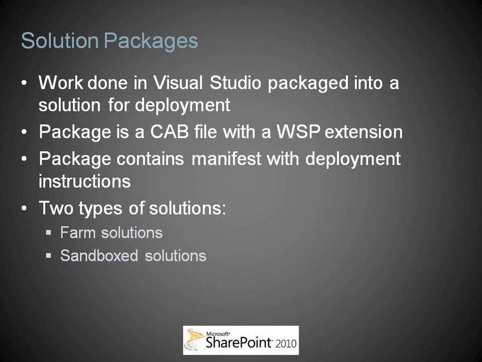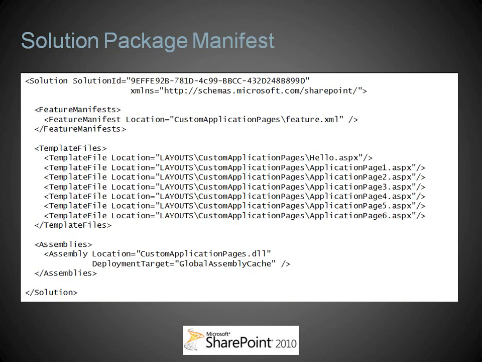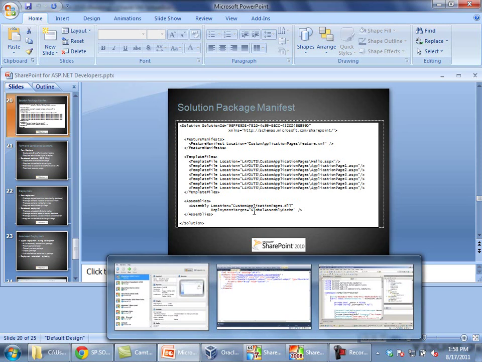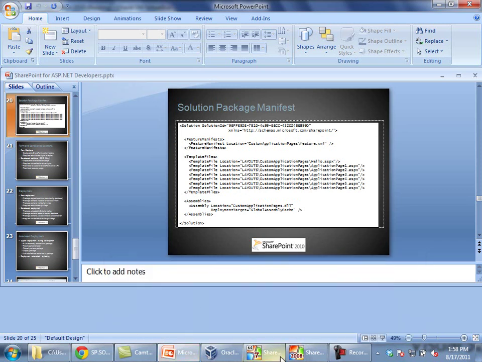Okay? So we need to be able to create this package. Visual Studio creates the package for us. So that makes our part easy, but again, we need to understand what's going on there. So as I mentioned, inside of the package is this thing called the manifest. All right, so let's take a look at our project.